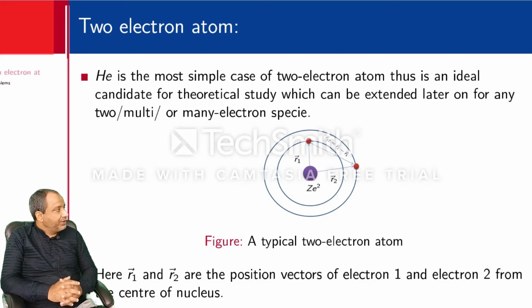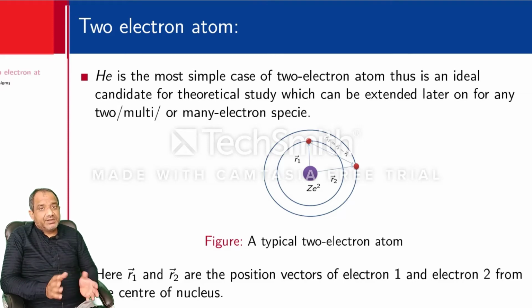Rij is the relative separation between the 2 electrons. This Rij plays a vital role in a multi-electron atom because it interconnects the relative coordinates of the 2 electrons, r1 and r2. You can see the magnitude of Rij is equal to the magnitude of r1 minus r2.